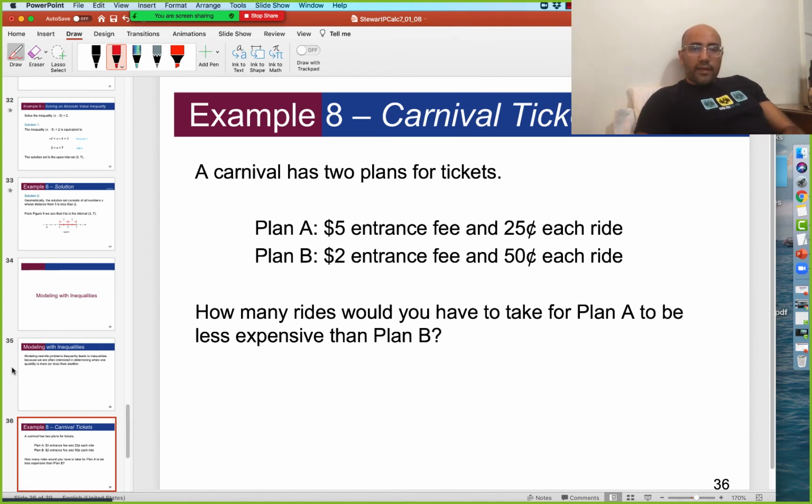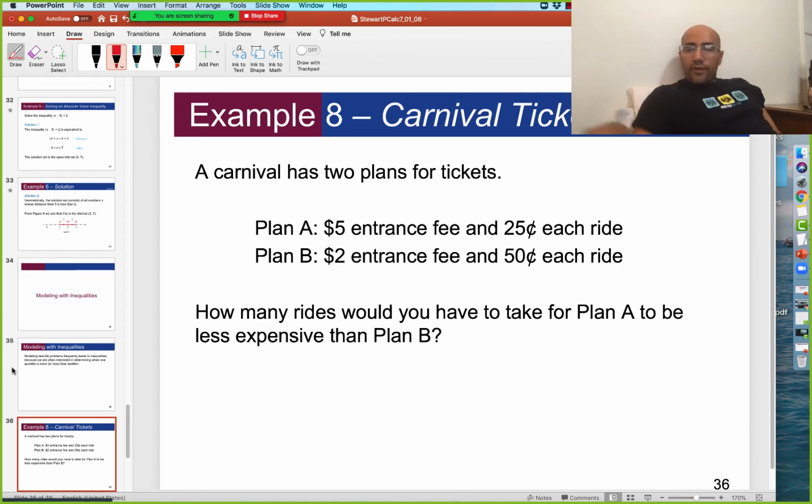A carnival has 2 plans for tickets. Plan A, you can pay a $5 entrance fee and then pay a quarter for each ride. Plan B, you can pay a $2 entrance fee and 50 cents for each ride. How many rides would you have to take for Plan A to be less expensive than Plan B?